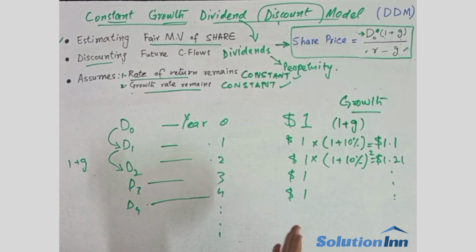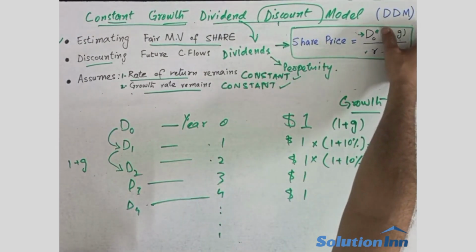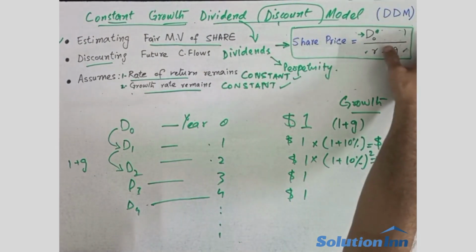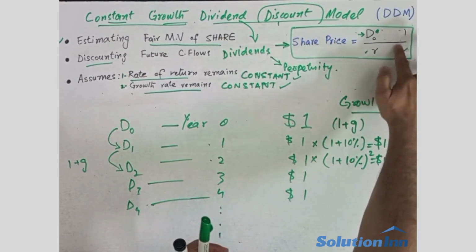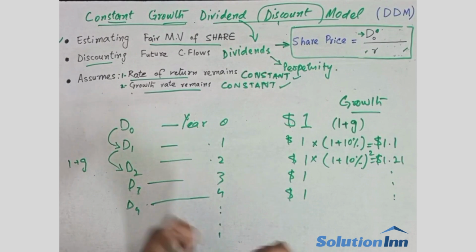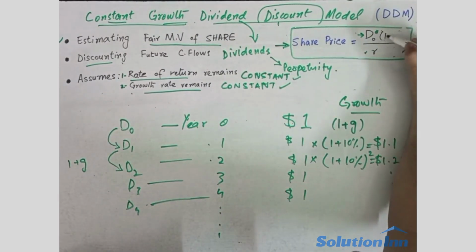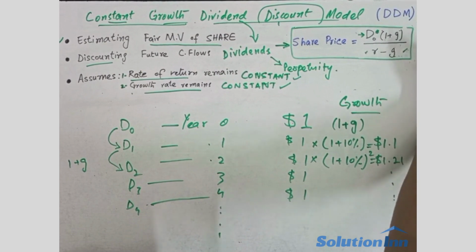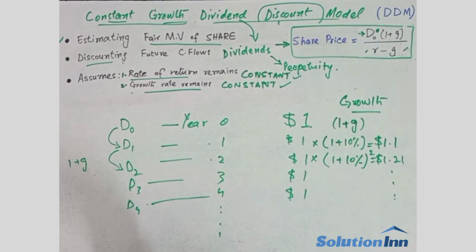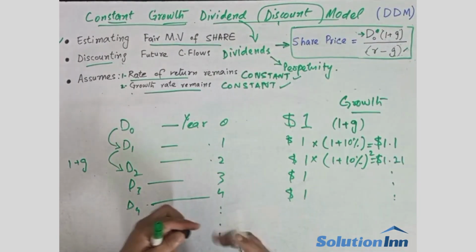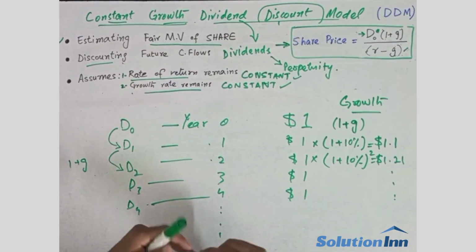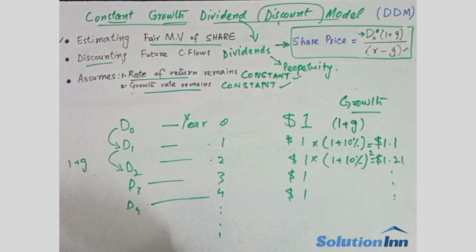In the simple calculations, when there is no growth, this element of 1 plus g will be removed. And if there is a growth element in it, we will simply add 1 plus g and subtract the growth factor from the rate of return. We'll discuss why this R minus g factor is taken as a discount rate.